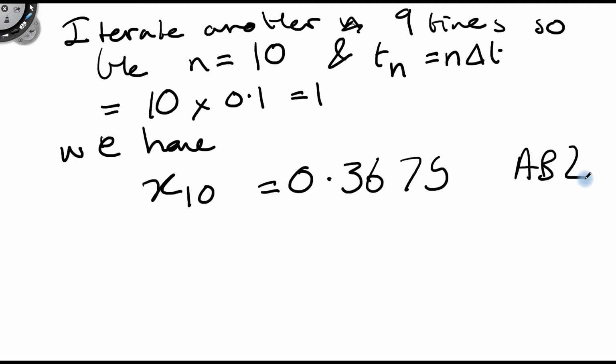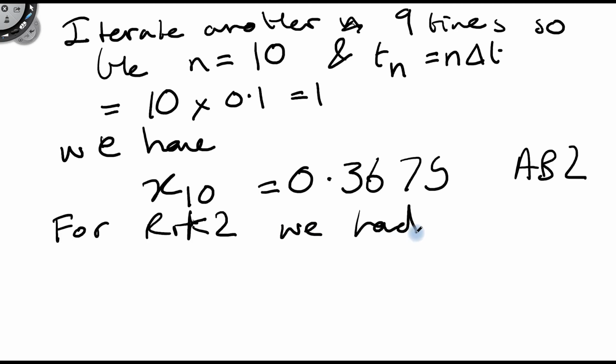Let's just look back in the notes and see the results we had. We'll leave forward Euler out because we know that was less accurate. But for RK2 we had x10 equals 0.3685.